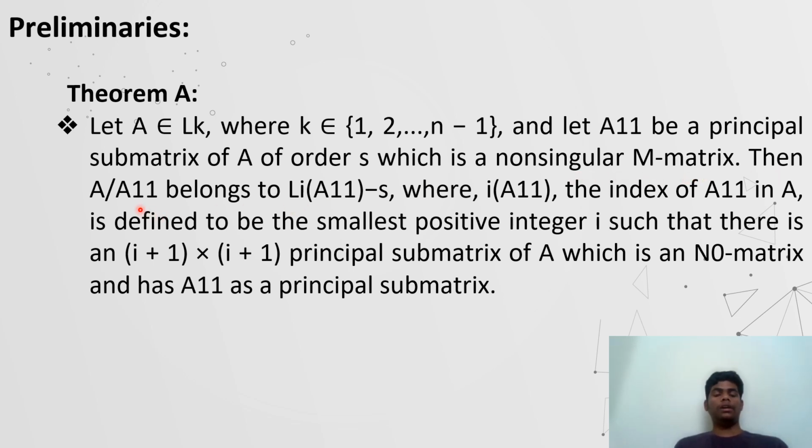Then A/A11 belongs to L(i(A11) − s), where i(A11), the index of A11 in A, is defined to be the smallest positive integer i such that there is an (i+1)×(i+1) principal submatrix of A which is an M matrix and has A11 as a principal submatrix.